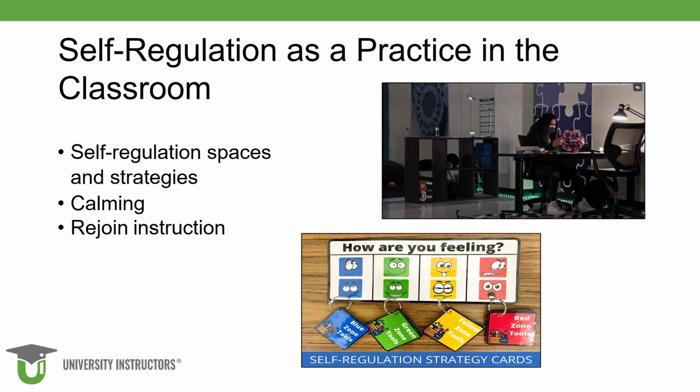Once calm, students are encouraged to rejoin instruction, building both independence and emotional awareness over time. Using consistent routines and visual supports make these strategies accessible to all learners, including those with special needs. In all grades, this can also include incorporating goal setting as a way to monitor one's thinking and learning.